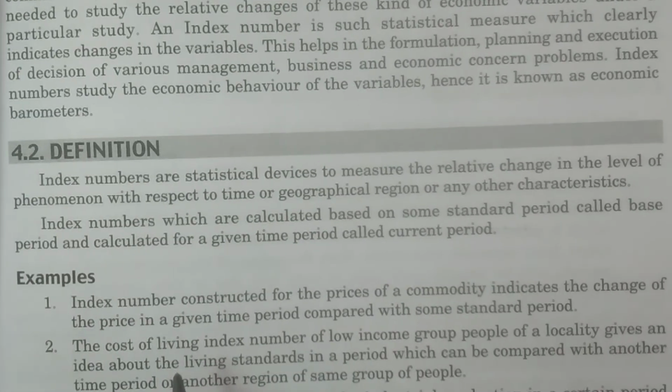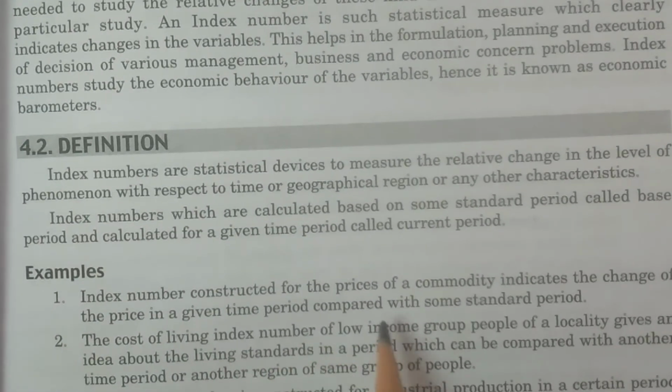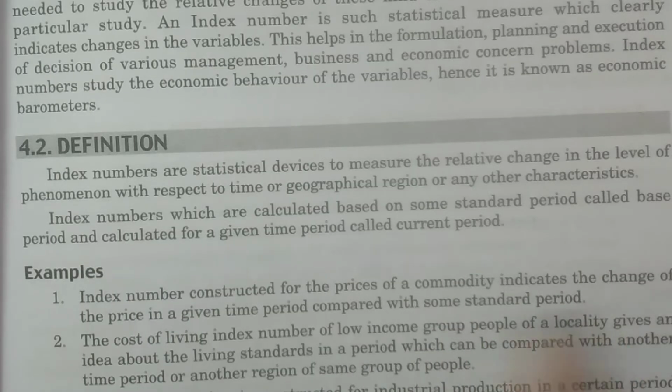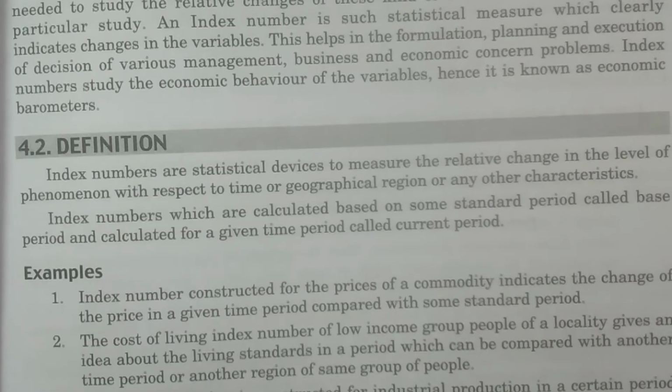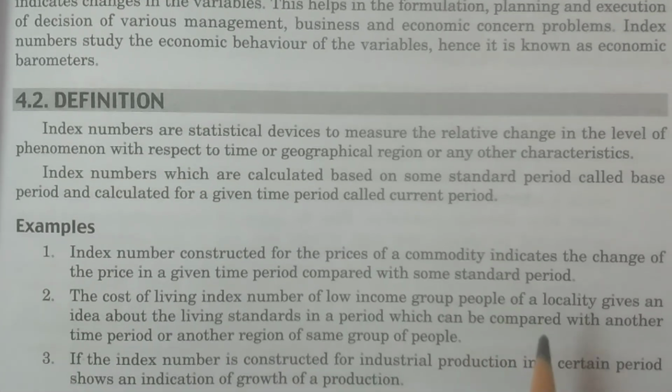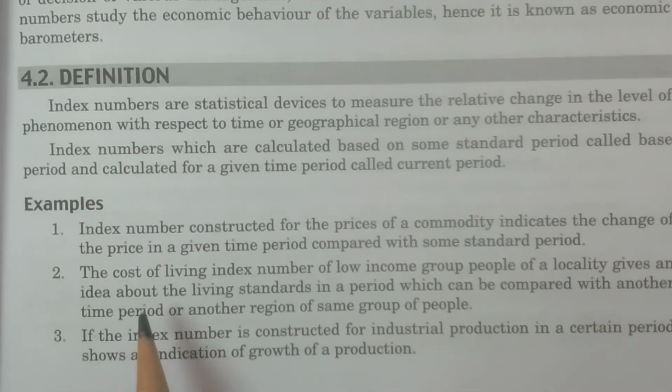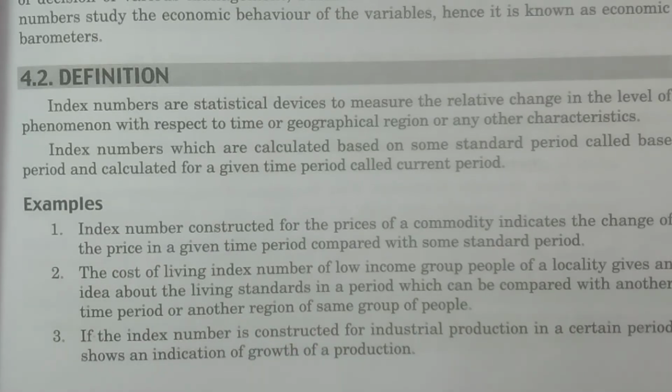Now you see the examples. Index numbers constructed for the prices of commodities indicate the changes of the price in the given time period compared with some standard period. Now you see the cost of living index numbers of low income group people of a locality, which gives an idea about the living standards in a particular period of that particular group of people.